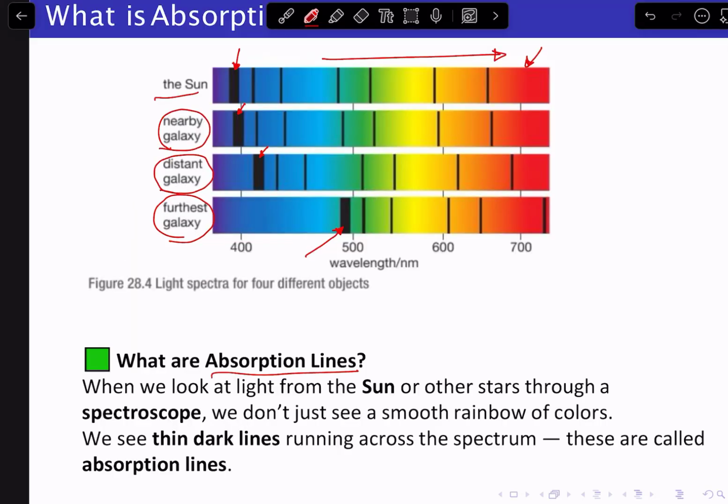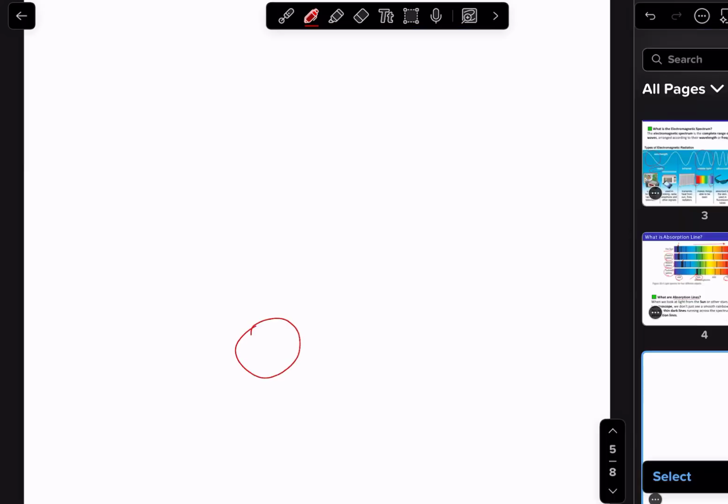So what does that mean? That means you see that the wavelength of blue light is 400 and the wavelength of light at the red end is 700. That means the wavelength is more here. Now as I have shown you, say this is the earth and there is an observer over here and the stars are here.